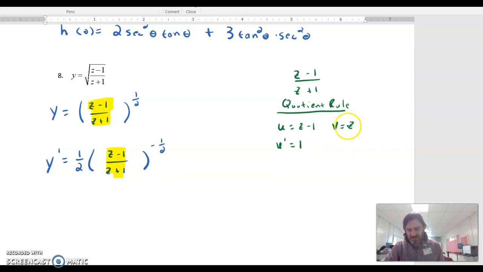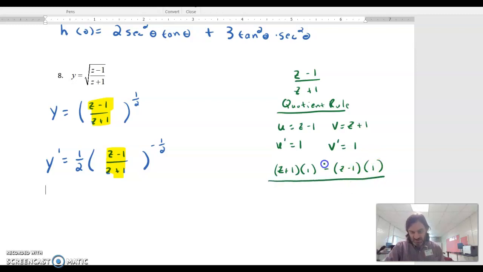V is z plus 1, that's the denominator, so v prime is just 1. So putting that together, we have v, which is z plus 1 times u prime, which is just 1, minus u, which is z minus 1 times v prime, which is 1, all over v squared, so z plus 1 squared on the bottom.